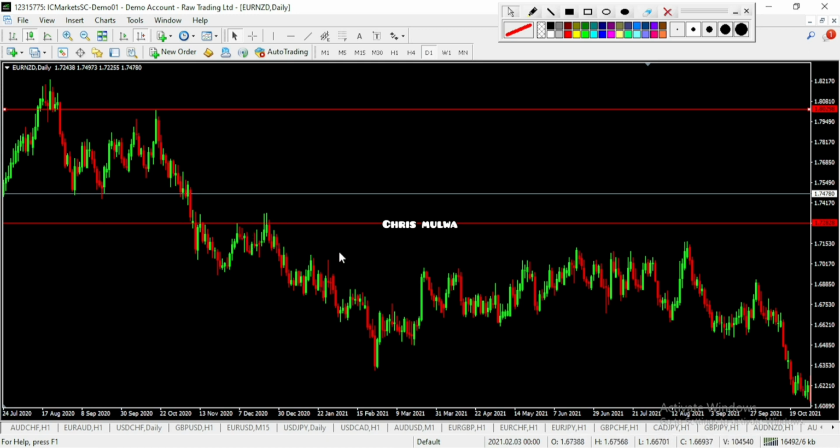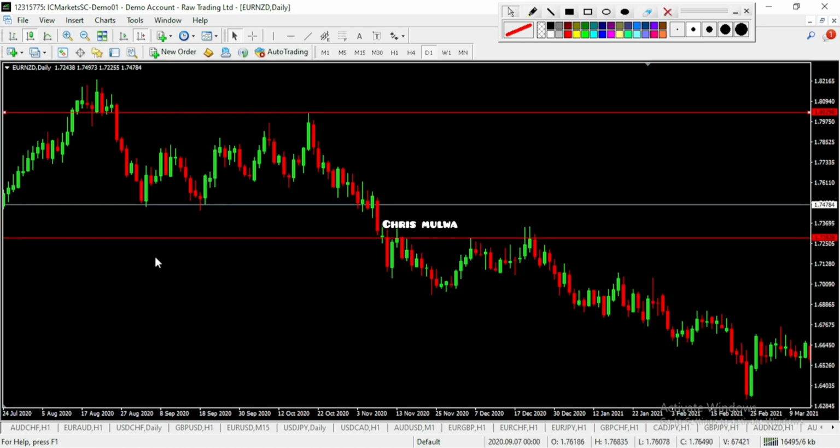So you can see the pin bars that are formed. There is another one here. Let me zoom a little. This is formed. You see, there is another one here. This is an indication that the market is still going down.